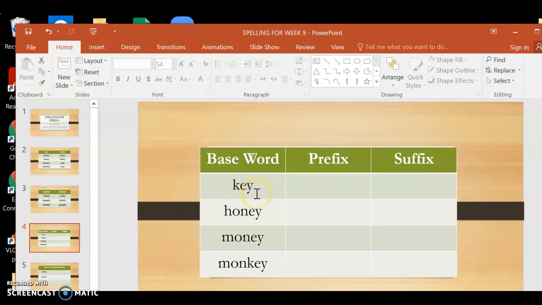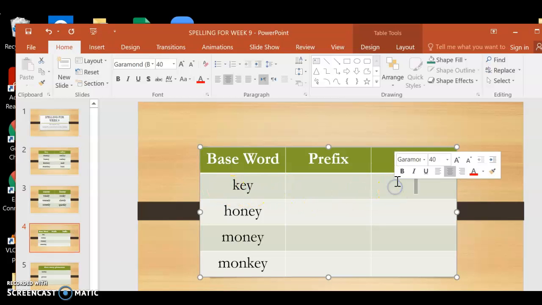Key. We can't add anything in front of key that makes a new word that I can think of, apart from turkey, but that's a whole new word. But we can add keys. So we've had an S for the suffix and we've got keys.